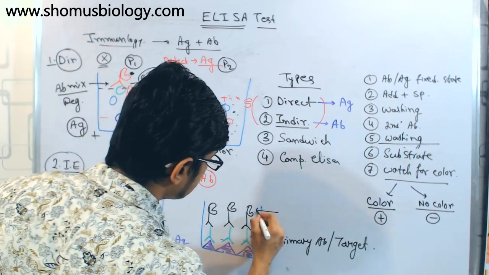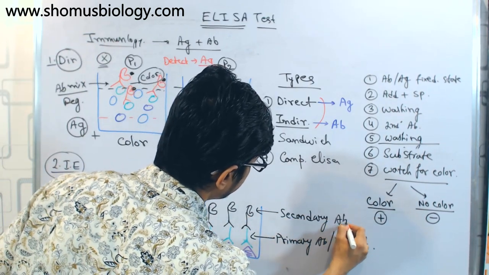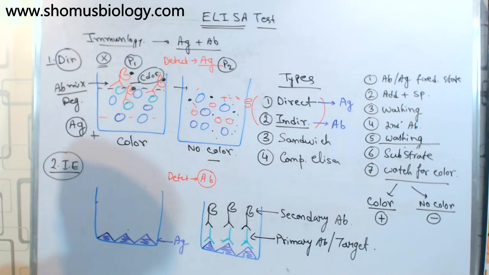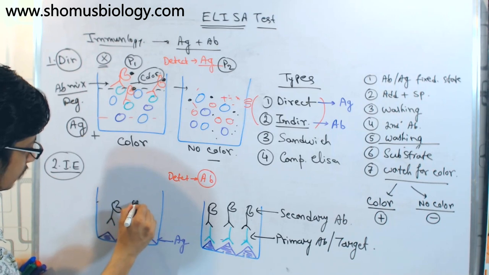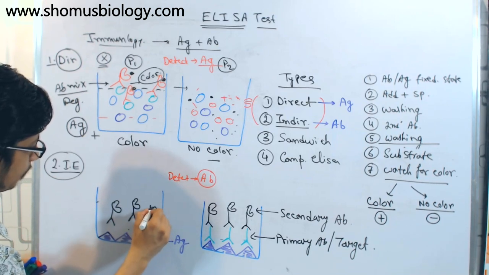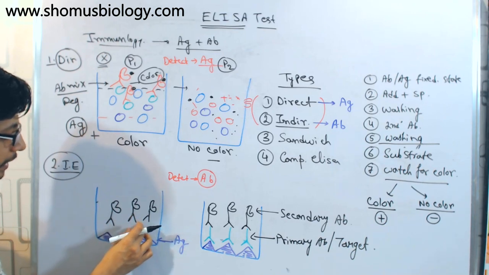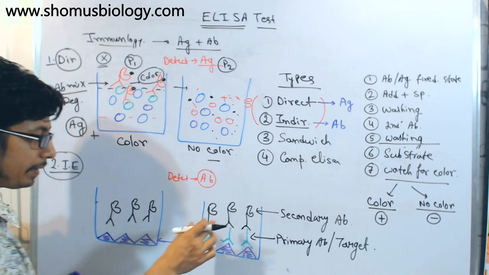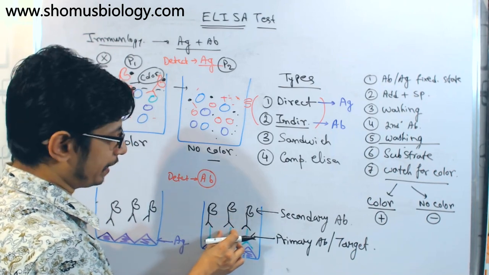So we also had the secondary antibody, the enzyme linked antibody, there. But the problem in this left hand well is that this secondary antibody has nothing to bind. In the other well, the secondary antibody has a primary antibody to bind.